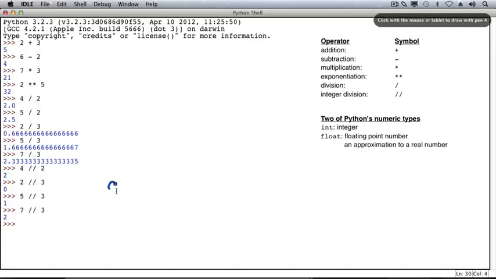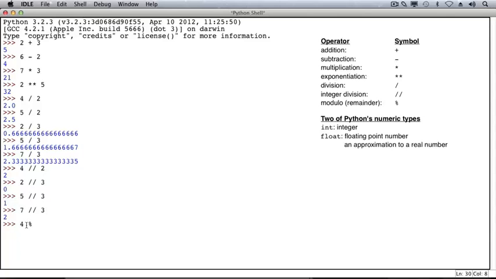So this would be rewritten as 2 1/3. We're only getting part of the result when we do this, part of the result of the division. The other part we can get using a different operator called the remainder operator or the mod operator.